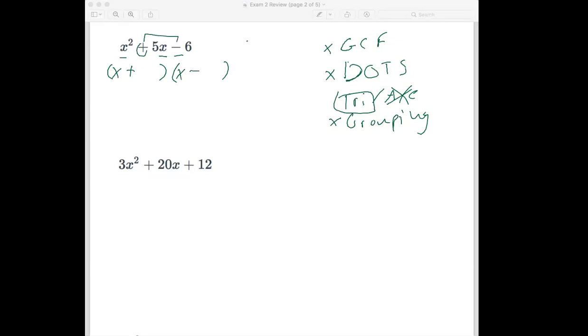When you look at factors of 6, they are 1 and 6, 2 and 3. And it looks like to get a 5, we can use a positive 6 and a negative 1. So that's how I do it personally. I just write out the factors.